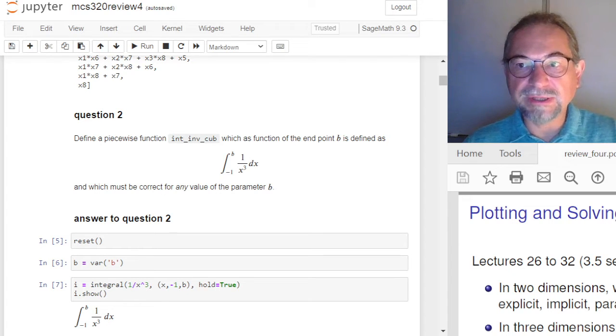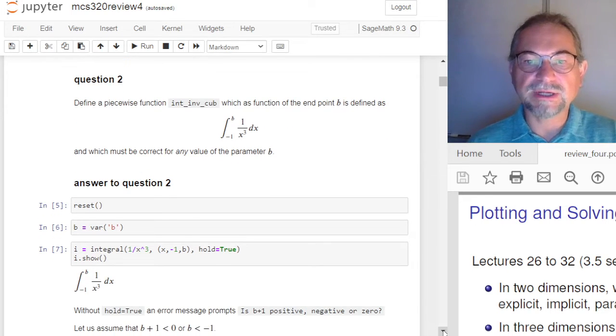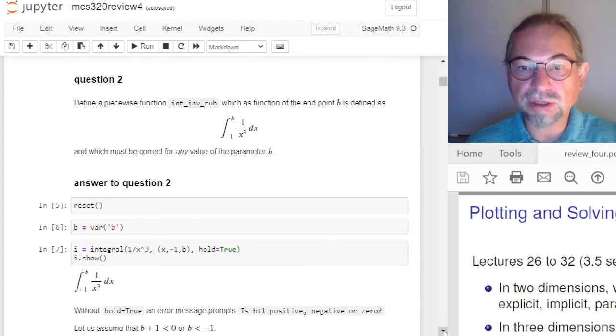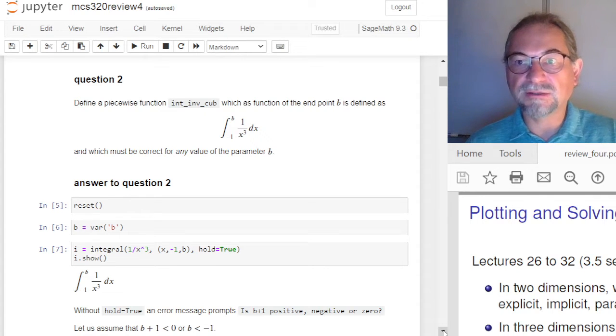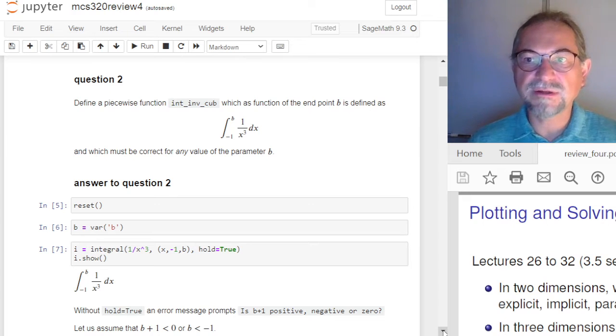Okay, so we will evaluate this integral within a context. So if you evaluate this without assumptions, then the integrator will actually prompt you. So in some sense, I'm giving you here the clean, nice answer.